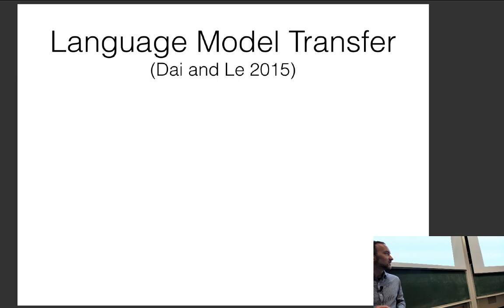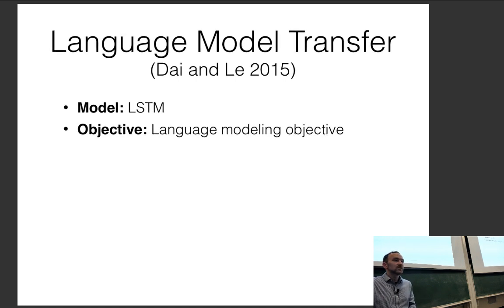The story of large-scale pre-training in natural language processing probably started with this paper by Dai and Le, 2015. Basically, they did something that you already know how to do in this class. They took a big LSTM and used it to perform language modeling, so they basically just used it to predict the next word in the sentence.